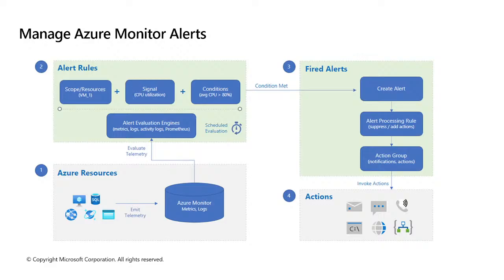Okay, let me just give it a try. Yeah, please do. So the first one is Azure resources. Yep. So that's where all the data and information will be gathered from your various resources, and they would then flow into your Azure Monitor in the form of logs and metrics, so you can visualize.